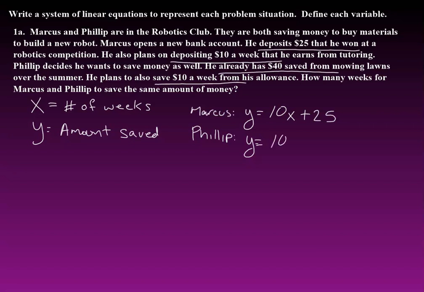And Philip is also putting $10 a week away, times the number of weeks. And then he also deposited a flat value of $40 to begin with, because he has $40 already. And there is our system of equations for Marcus and Philip.